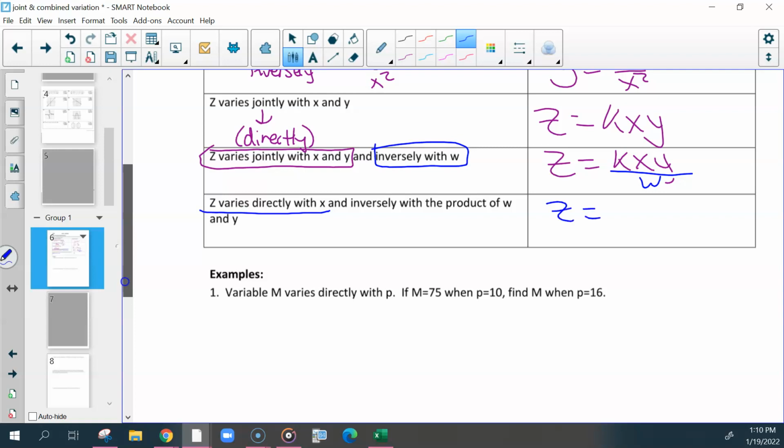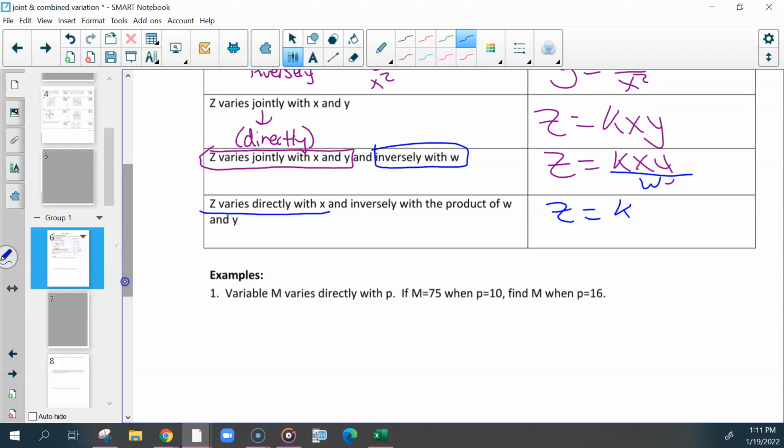K times x. Okay, so we have that part. And inversely with the product of w and y. How would we write that part? So we're now dividing, but these two things need to be multiplied. It looks more complex than it really is. We just have to remember what's what. Directly, jointly, we're multiplying. Inversely, we're dividing. Now, it did say with the product of, so we had to multiply in there too, but we were dividing that entire thing.